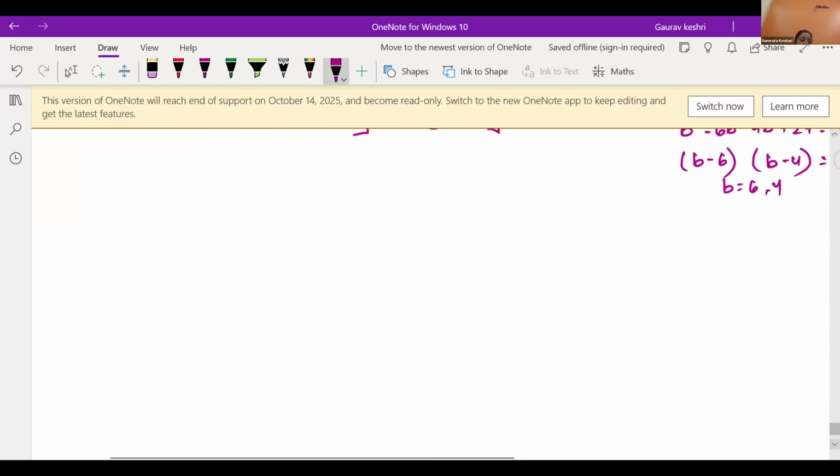The next one is: suppose a matrix A of order 3 by 3. A matrix A is there. I'm not writing the question completely. Okay, shall I write? Let me write.